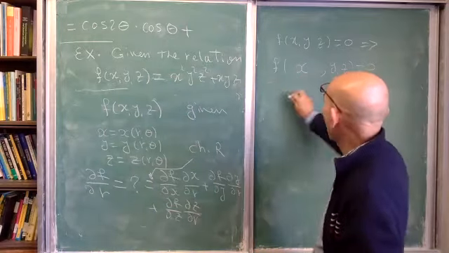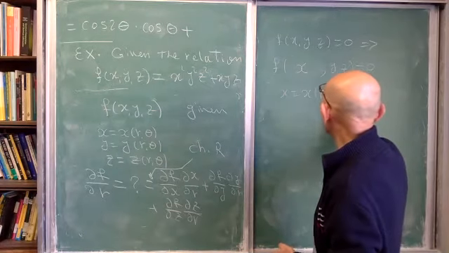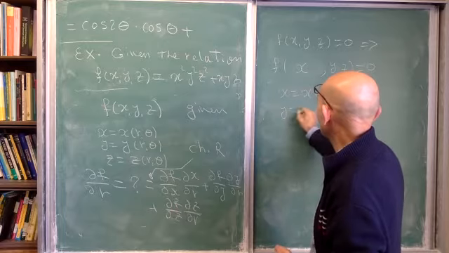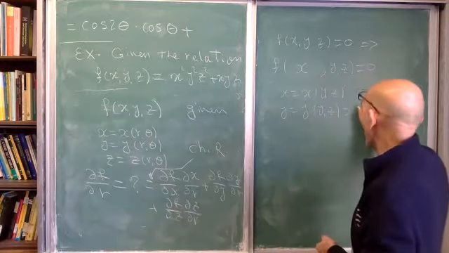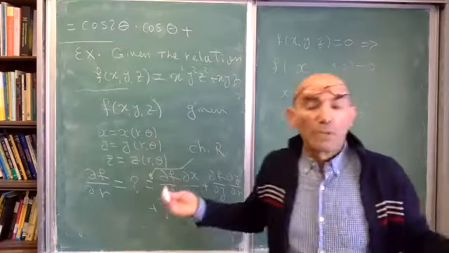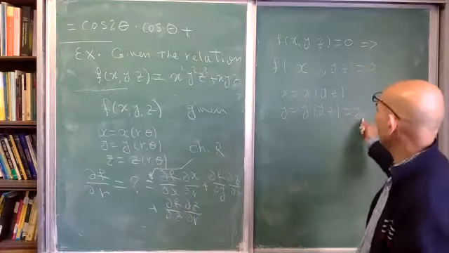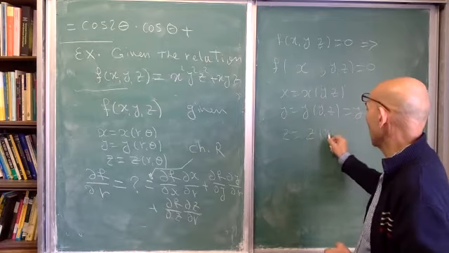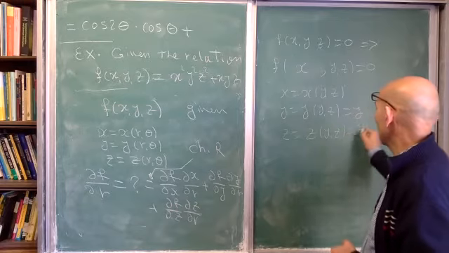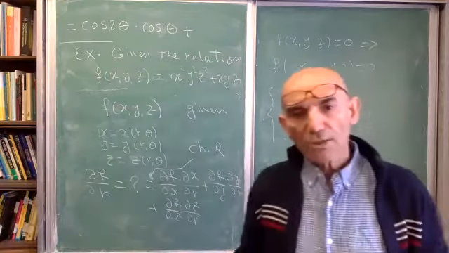And now x is equal to x of y and z. Y is equal to y of y and z. What is equal to y? It doesn't matter. This function is also equal to y. That's fine. Z is equal to z of y and z, which is z. Do you see the logic here?